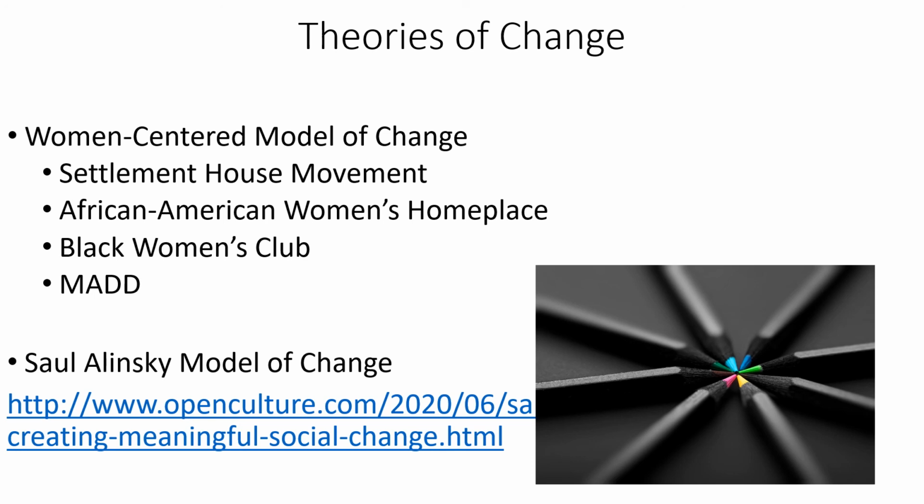So those are the two major theories of change, or the overarching dominant change models for social action that most efforts are somehow tied to, that we have seen throughout time in the United States.